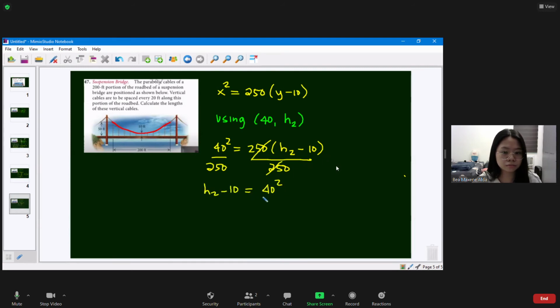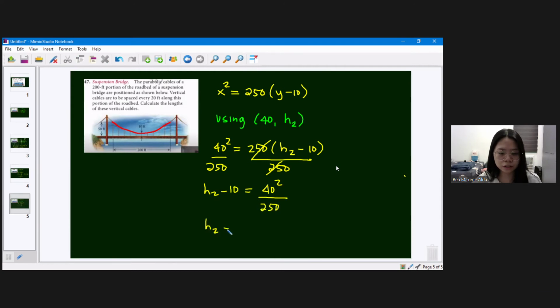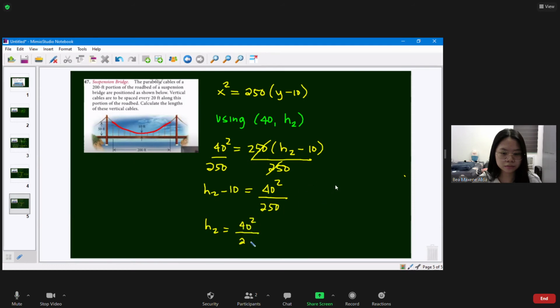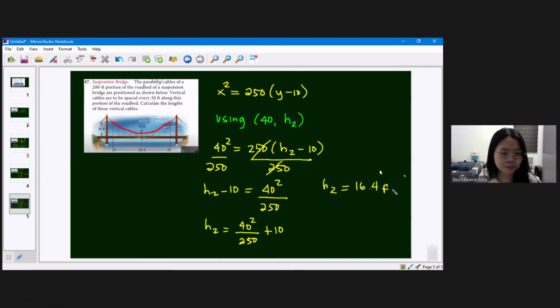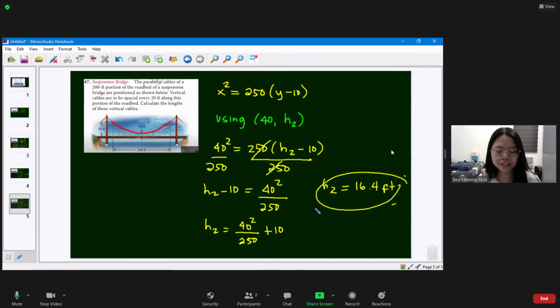Same thing, we try to put the y on the other side of the equation first. And then plus 10. So, again, use your handy dandy calculator. Since nagawa ko na siya, that is 16.4 feet. Oh my god! May pangalawang height na tayo. Okay, next.